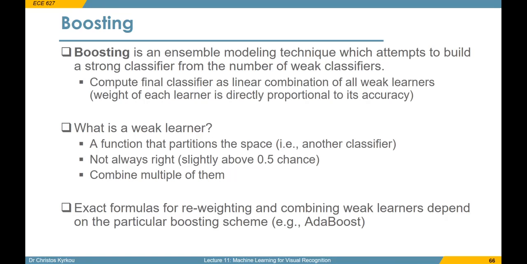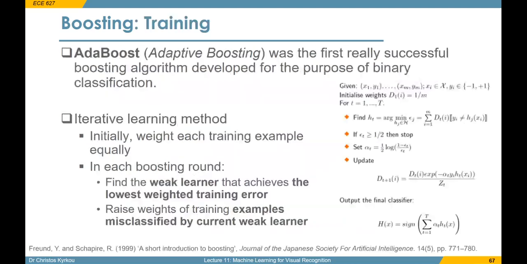Boosting algorithms provide formulas for reweighing and combining these learners together. One of the most popular, and what they use in the paper, is called AdaBoost. AdaBoost is short for adaptive boosting, and it was the first really successful application of a boosting algorithm to a binary classification problem. On the right here, you can see the outline of the algorithm.